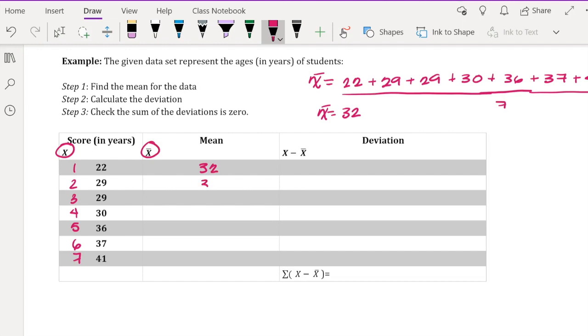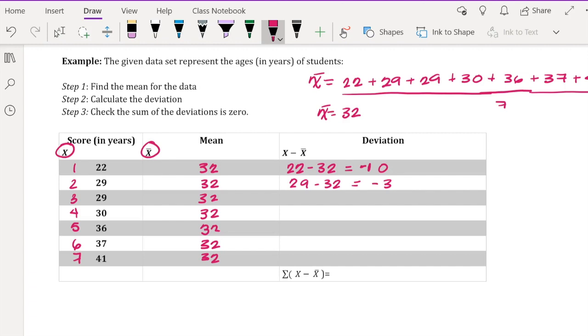In this column, essentially what I have to do is put 32 over all of the rows. The next thing I'm going to do is find the deviation. So I'm going to do 22 minus 32, that is conveniently 10, but it's actually negative 10. The next one would be 29 minus 32, and that is conveniently negative 3.